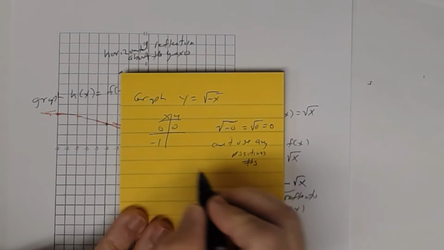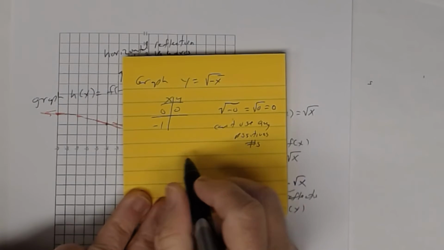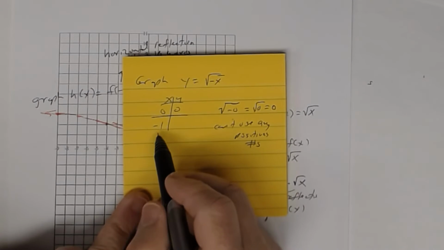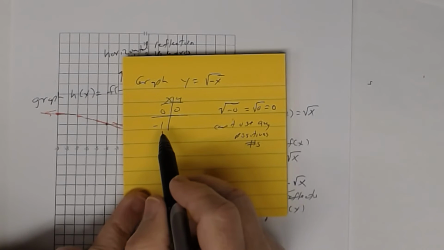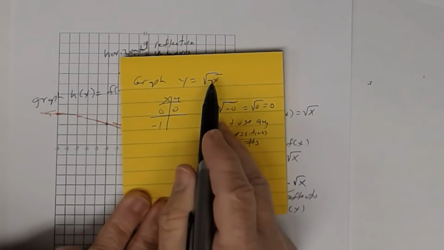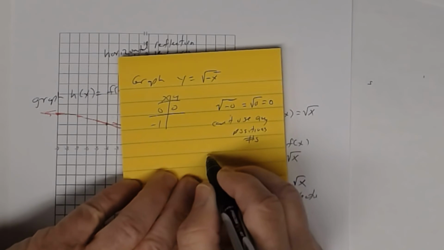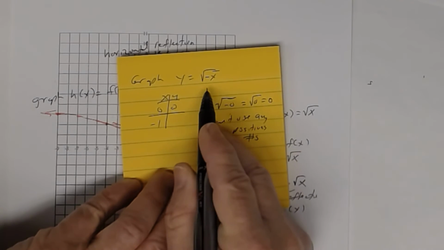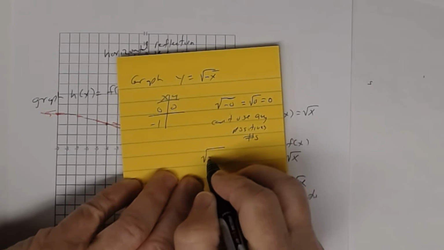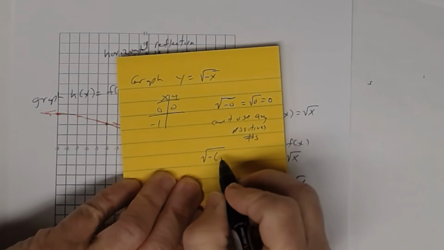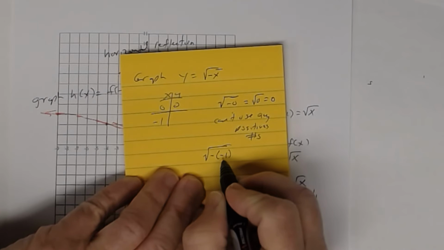So for example, negative 1. If x is negative 1, I can take the square root of the opposite of negative 1, because look, if x is negative 1, you have the square root of the opposite of x. But x in this case is negative 1, right? What is the opposite of negative 1?